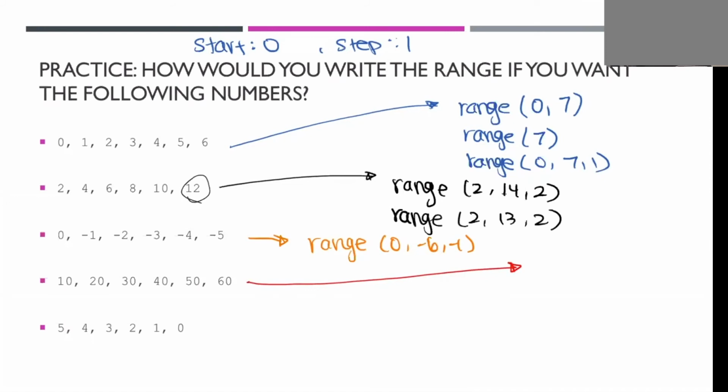Now we have 10, 20, 30, 40, 50, 60. How would we write out this range? Okay, yes. There's going to be a lot of answers for this. Someone said range 10, 70, 10. This would work. Pretty much any number you put here could be between 61 through 70, all of those numbers could fit in there.